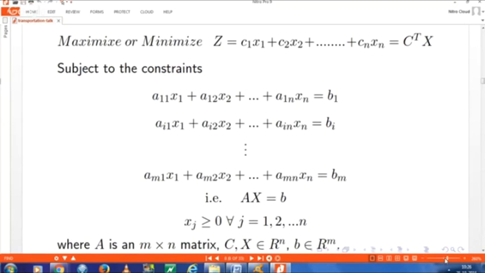I am not going into this detail. X non-negative. Actually, this is of the type: if you have Rn, this can be written as S1 union S2 union S3, where S1 is x such that z is cx, S2 is x such that z is greater than cx. That is clear, right?